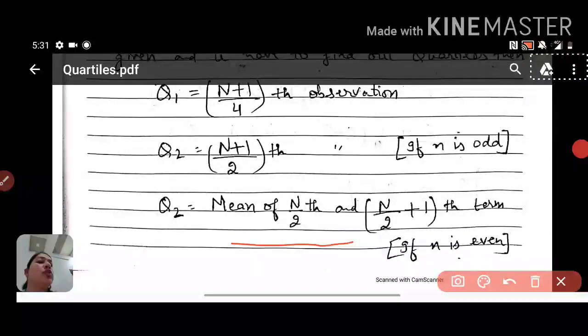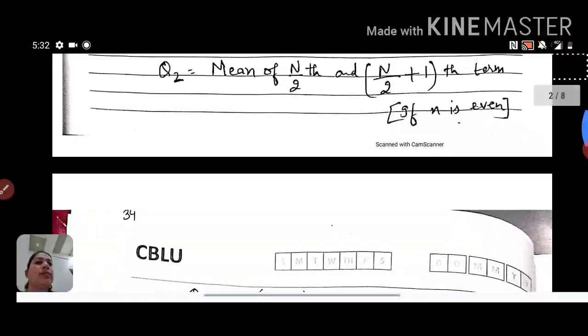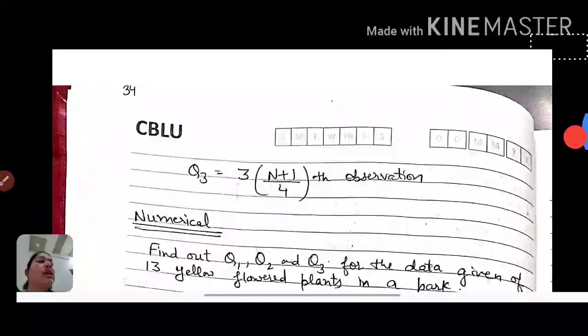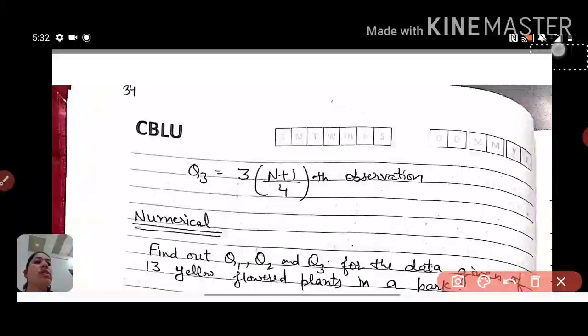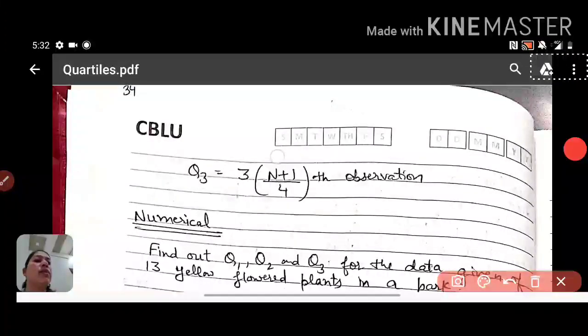In that formula you have to determine the mean of the n by 2th term and the (n by 2 plus 1)th term, then you will get quartile 2. And for quartile 3 you have to use the formula 3 times (n plus 1) by 4th observation, then you will get quartile 3.